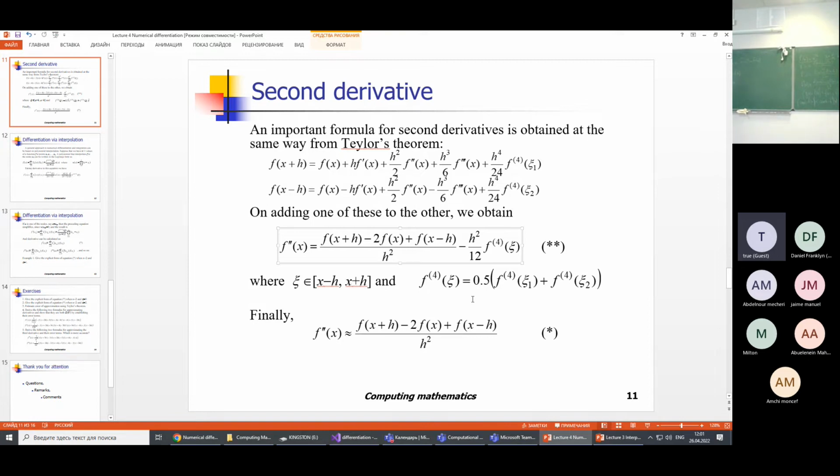What? Yes, you can write. So small f of x equals x. What will be here?